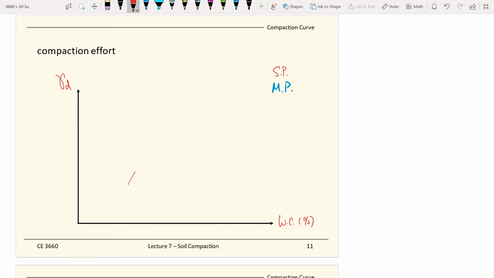With the standard Proctor, we got a compaction curve like this. Now imagine you have the same soils, but you repeat the test with the modified Proctor testing equipment. How would the compaction curve look relative to the standard Proctor curve?